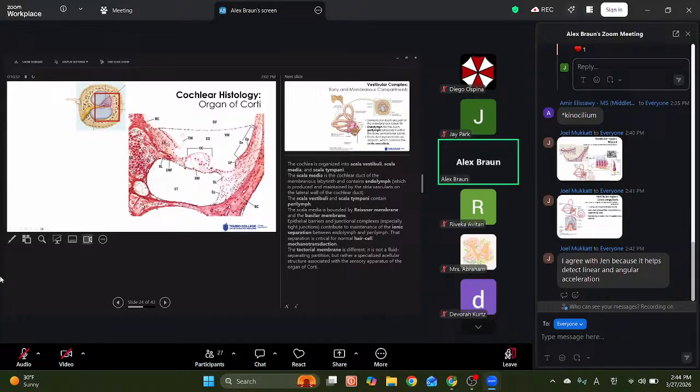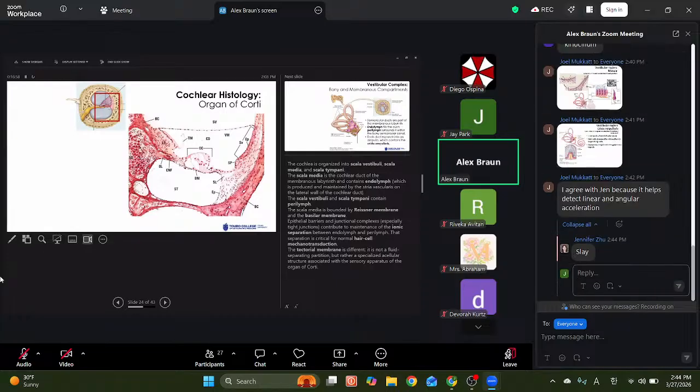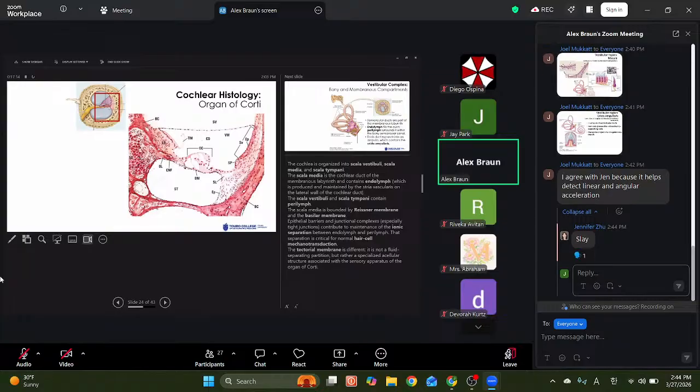It has a rather complicated structure, which you don't need to know every detail about, but realize there are going to be those sensory hair cells, which are mechanotransducer cells. They transform mechanical vibrations into electrical nervous system impulses. That's what hair cells do in general in the inner ear.